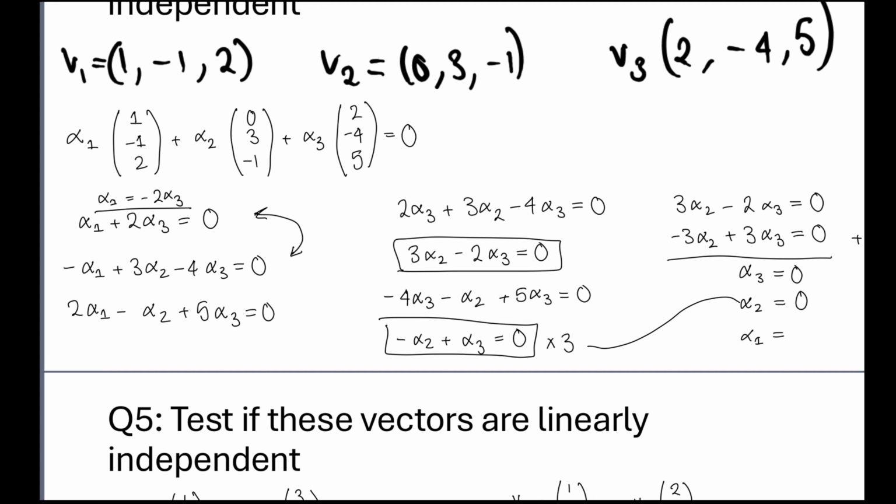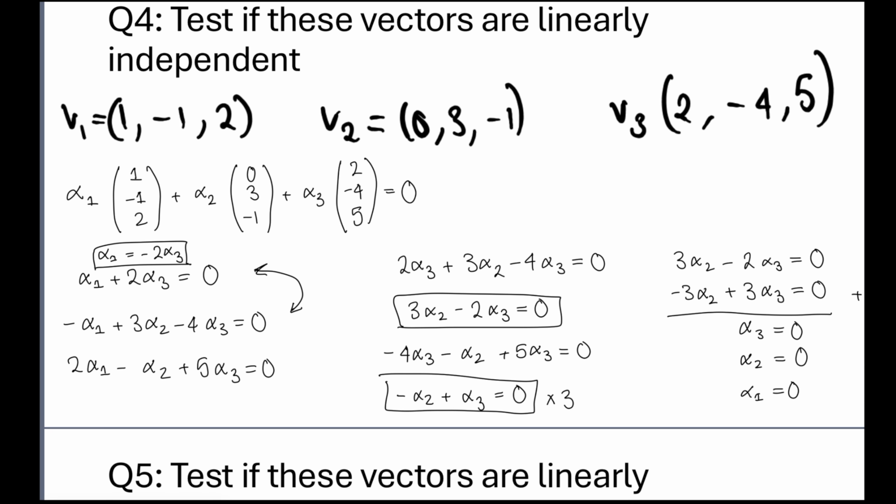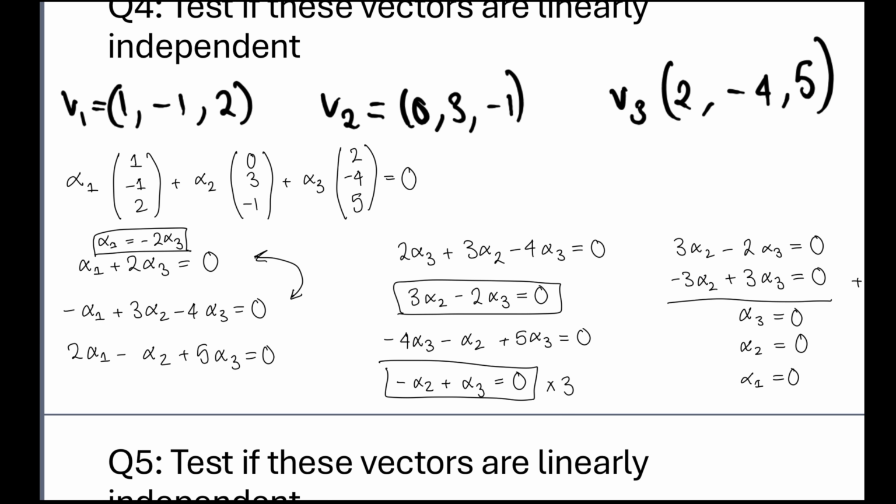So work this out by subbing it into this equation, and then alpha 1, if we use this equation, will also be 0. So the only solution is where all of the coefficients are 0, so these vectors are linearly independent.